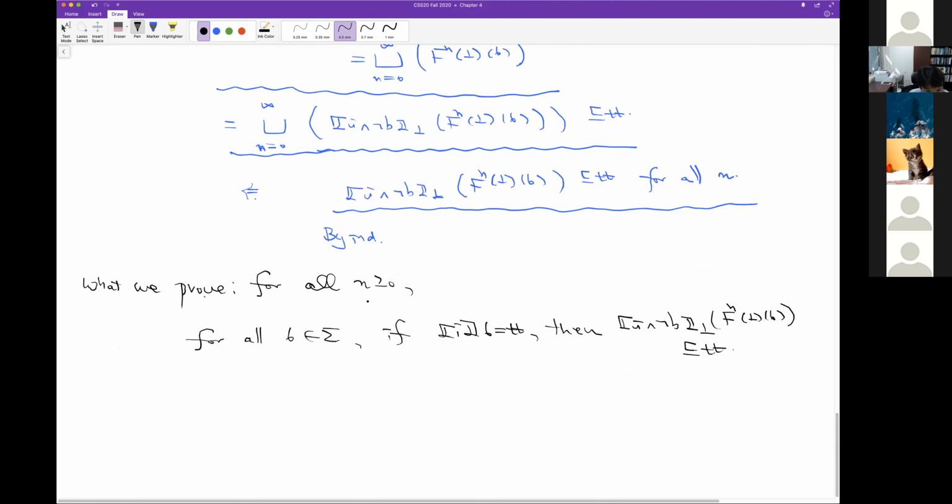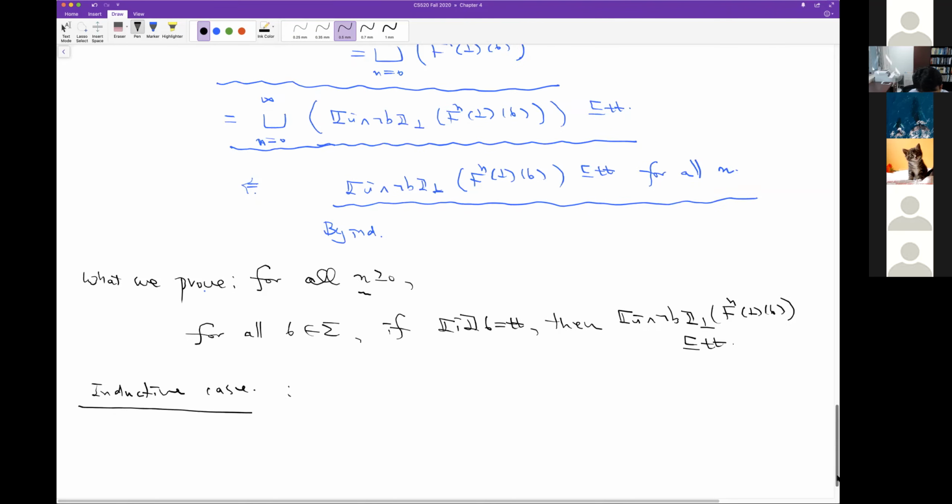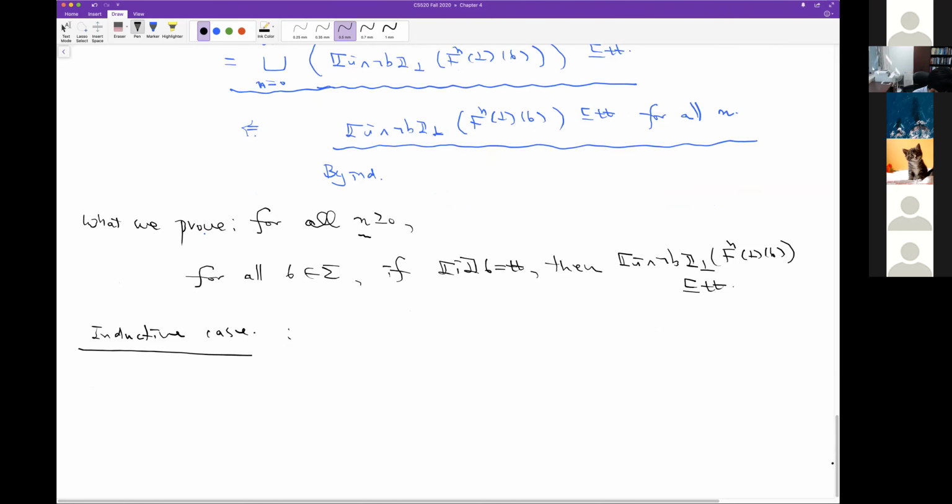Okay, so we can do the induction on n and then prove this. So base case n equal to 0 is actually very easy. So I'm going to only focus on the inductive case. And we have to do case analysis. So I encourage you to look at the lecture notes, and there is a complete proof of the inductive case. But among the inductive case, I'm going to consider only the most difficult, challenging one.